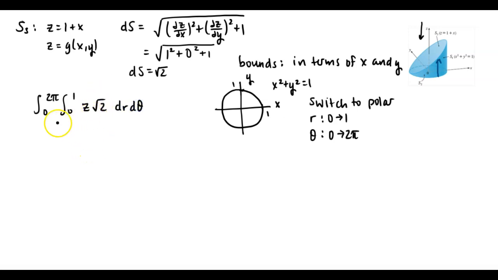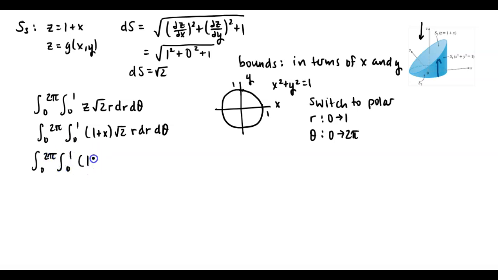Again, we can rewrite this as 0 to 2 pi, and I'm sorry, I forgot that r in there, it's very important. 0 to 2 pi, and from 0 to 1 of z, which is 1 plus x, root 2, r dr d theta. Finally, our x is r cosine of theta. So that's going to be 1 plus r cosine of theta times root 2 times r dr d theta. And this is our integral for S3.